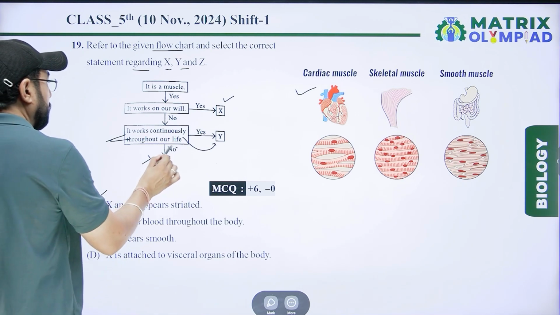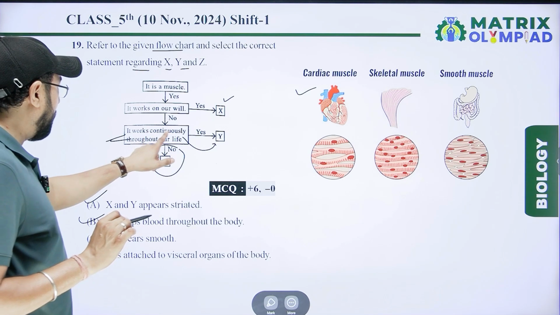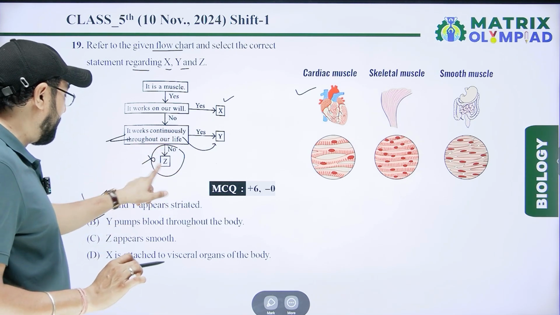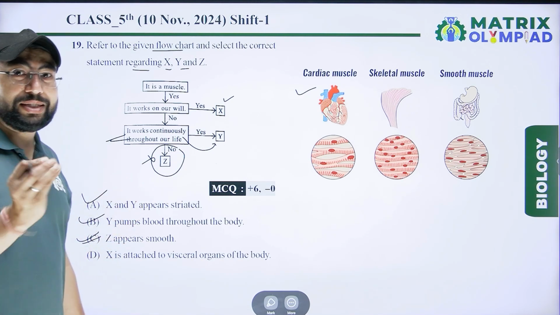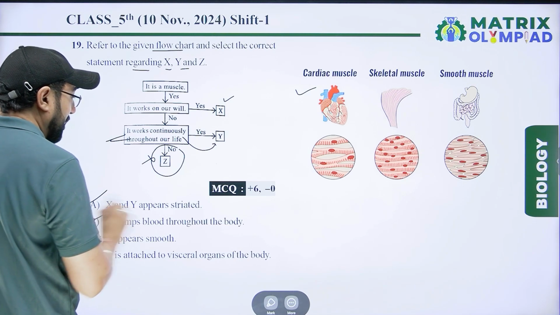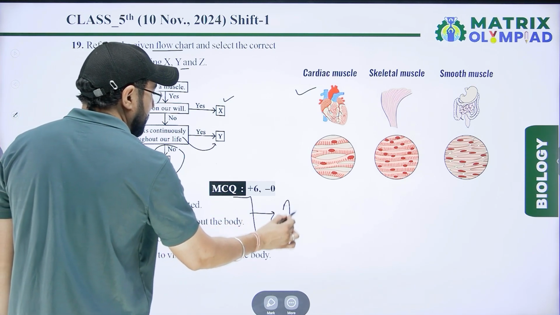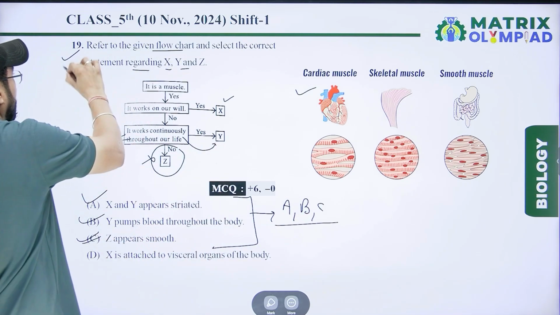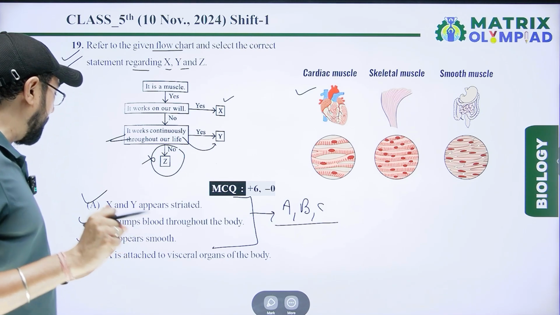It works continuously throughout our life, the heart, but Z appears as smooth muscle. So A, B and C is the right answer for this multiple answer question. Question 19 is a multiple answer question. A, B, C is right.